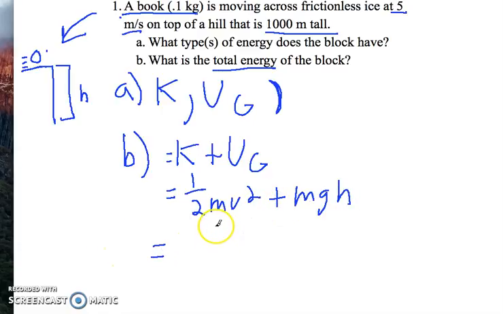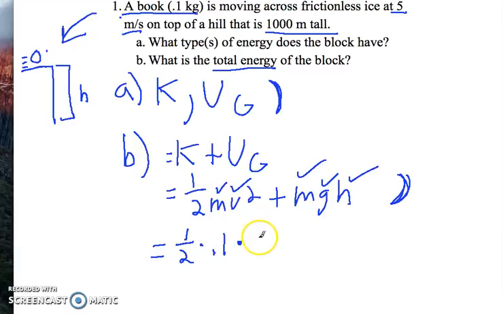So we're just really going to plug in once we get here, because we know the mass, the velocity, g, and h. You get 1/2 times the mass, which is 0.1 kilograms, times the velocity, 5 meters per second, squared, plus the mass again, times g.